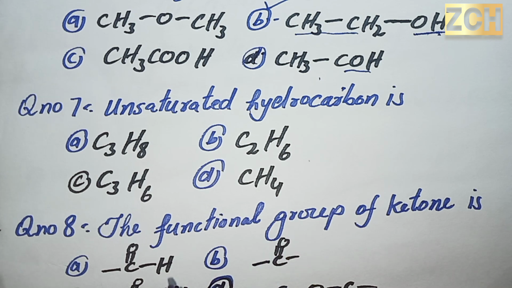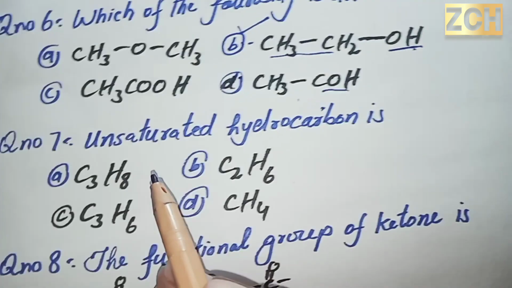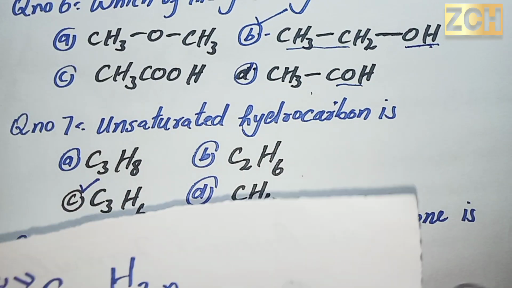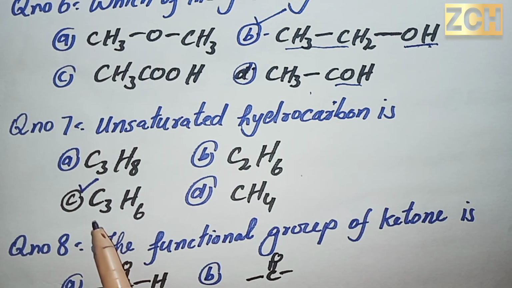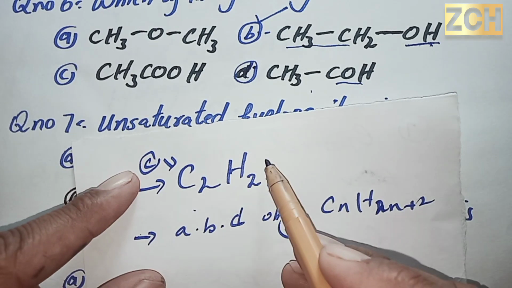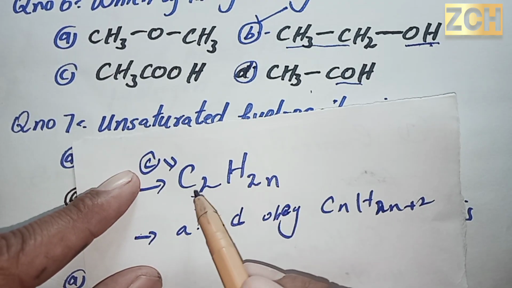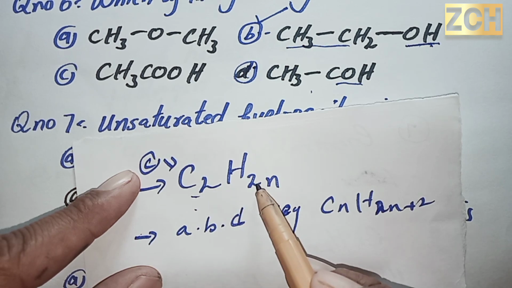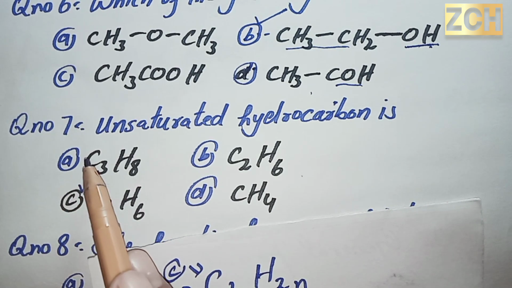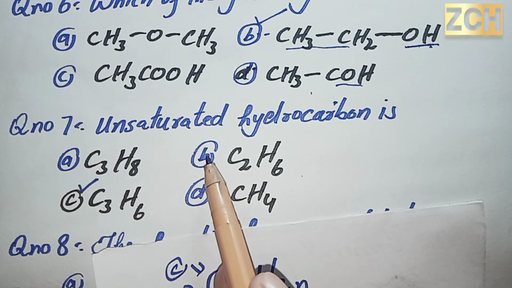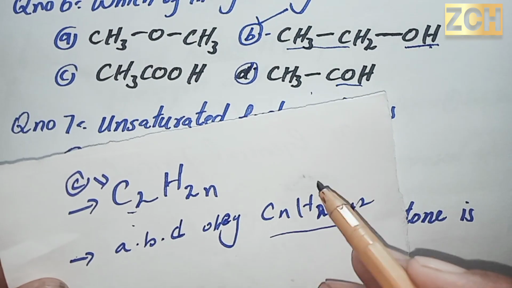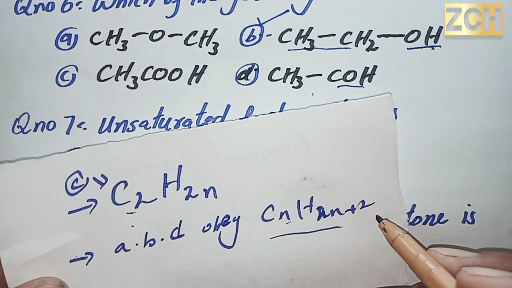So option C is correct, because in option C the formula C3H6 fulfills the formula of an unsaturated hydrocarbon, that is alkene, CnH2n, and all the three options A, B and D obey the formula of alkane, that is CnH2n+2.